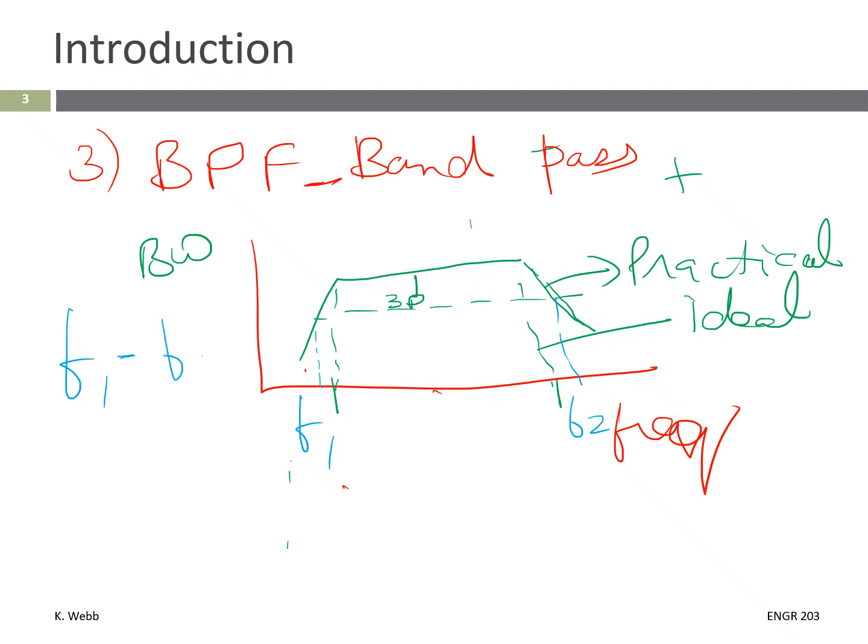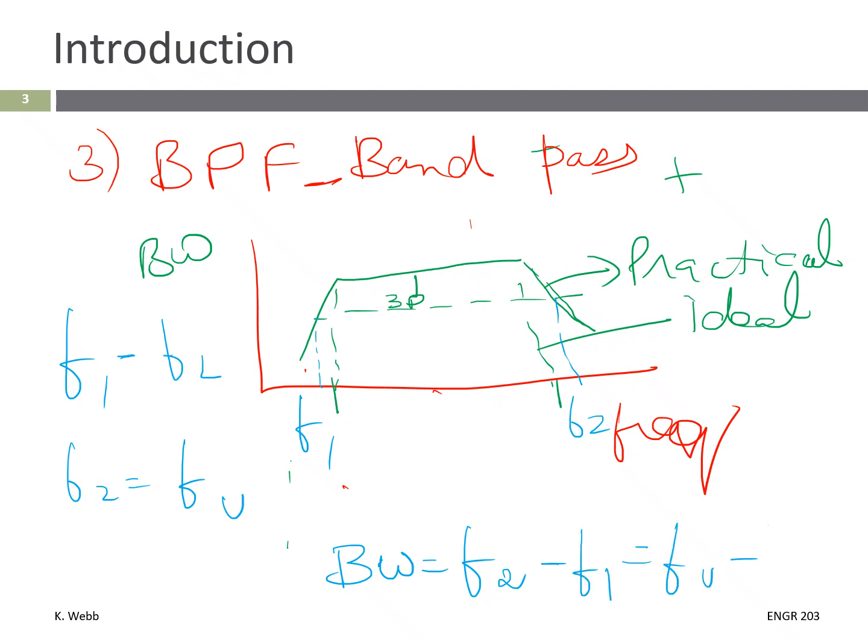F1 is called the lower cutoff frequency and F2 is called the upper cutoff frequency. The bandwidth is the upper frequency minus the lower frequency. So the bandwidth is a very important parameter in knowing the exact performance of the circuit.